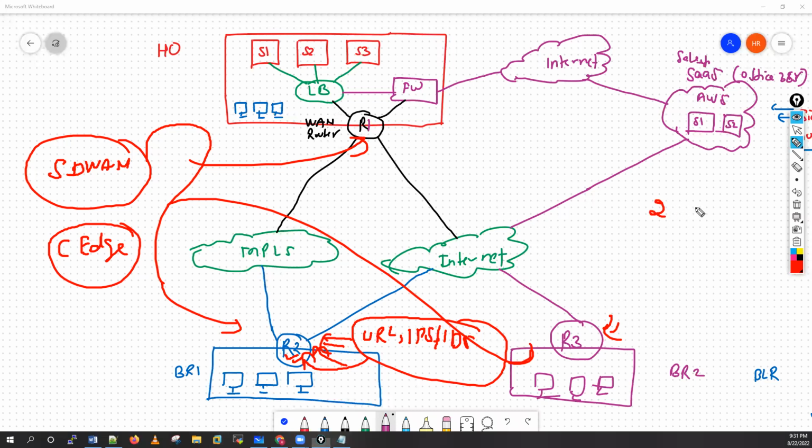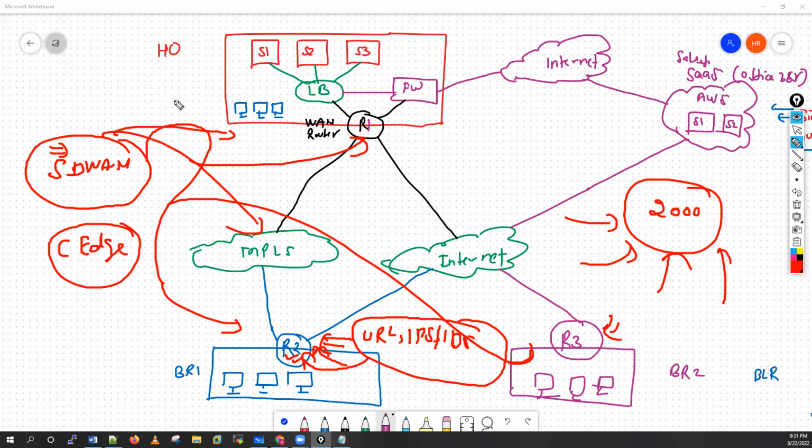Let's suppose you have 2000 routers. Now you have to log in to each router and do the configuration. But with SD-WAN, you can just create this policy here and push it to all these 2000 devices. So within 2 to 3 minutes, your policy will be applied to all these routers. So this kind of benefit you will get as well with the help of SD-WAN, guys.